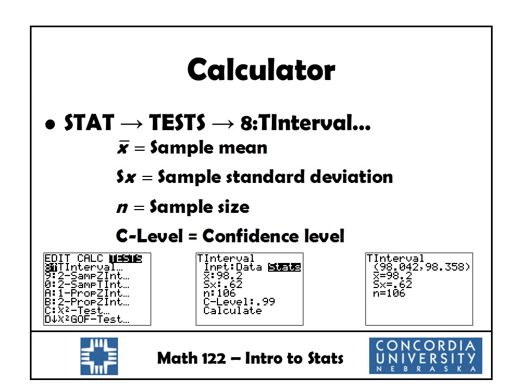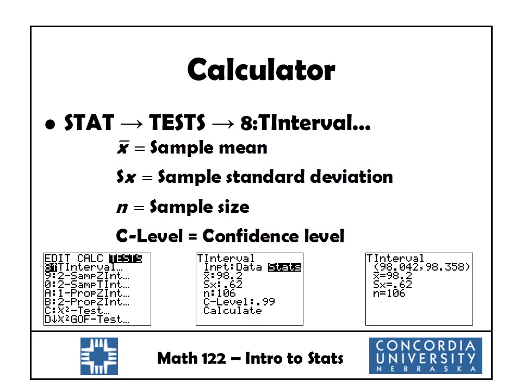If you press enter, you get a window that resembles this middle one. There at the top you see the name t interval. Next it asks for input, either data or statistics. If we have the raw data available, we can enter it into a list and then enter the name of that list, and it will calculate the mean and standard deviation for us and the confidence interval as well.